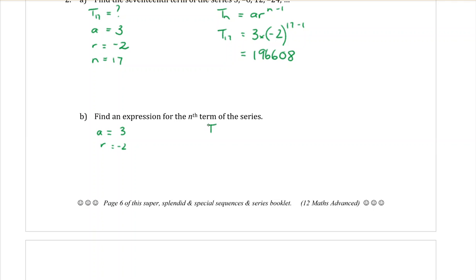So using my formula, T of n equals A R to the n minus 1, A is 3, R is minus 2 to the power of n minus 1. And as I said, don't multiply that 3 and that minus 2. It'll have to stay like that. Okay. Next page.